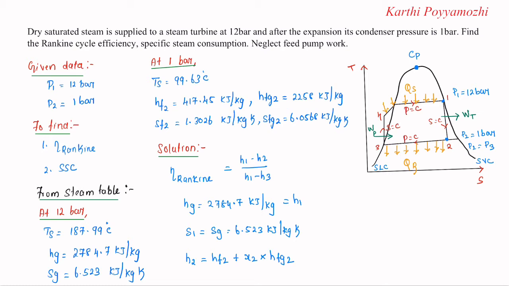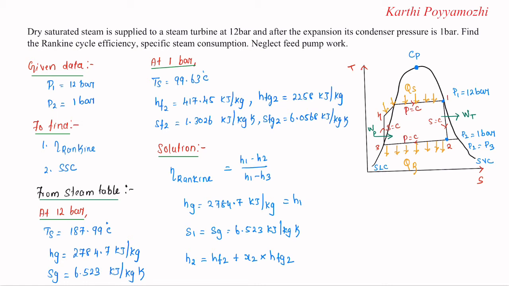With this data we have to find the enthalpy at state point 2. We have the values of HF2 and HFG, but the dryness fraction value remains unknown. We have to find the dryness fraction in order to calculate the value of H2.